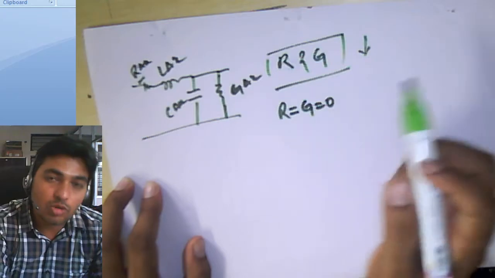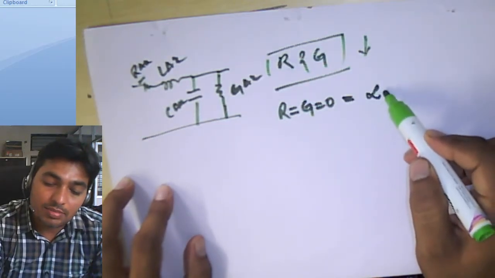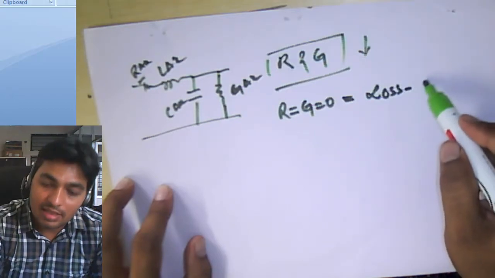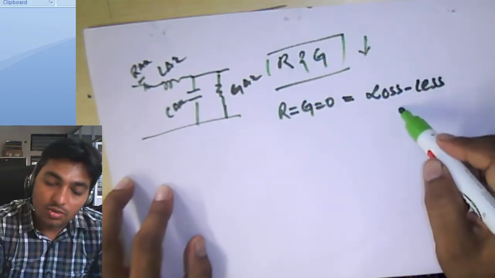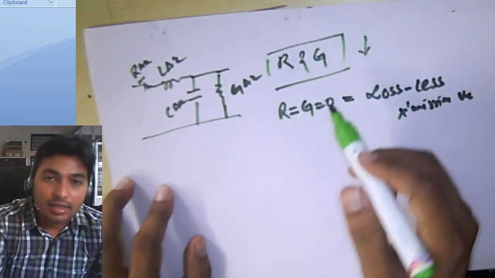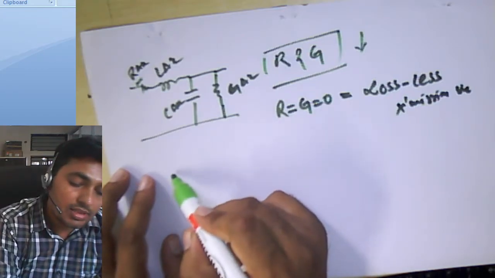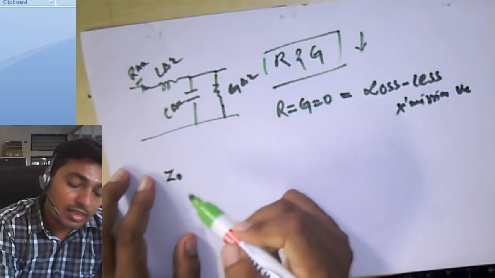When both these loss parameters are equal to 0, then the line is called a lossless transmission line.